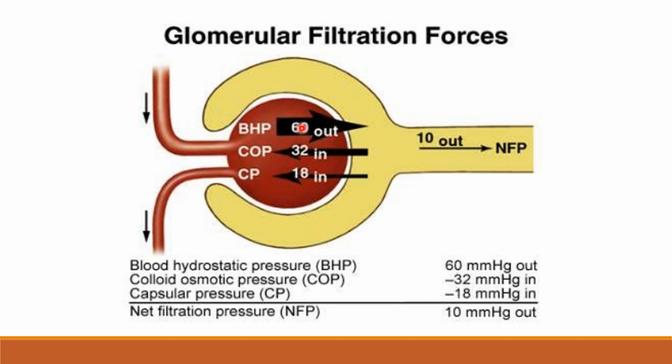So 60 minus 32 minus 18 will be 10, and this is the net filtration pressure. Therefore, the net force in the glomeruli is in favor of filtration, and the fluid will be filtered from the glomeruli into the Bowman capsule.